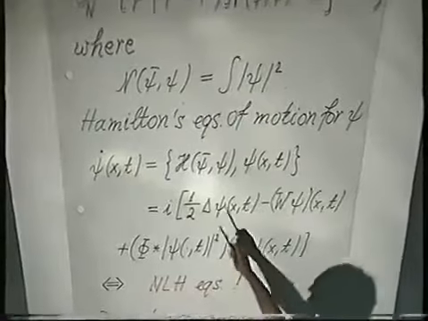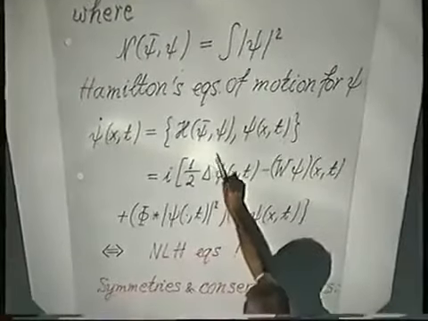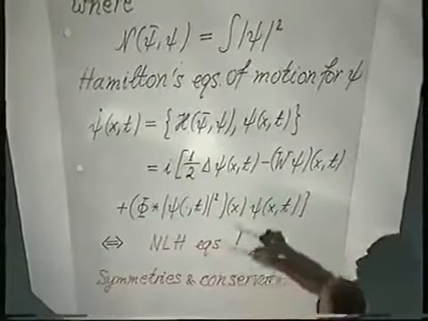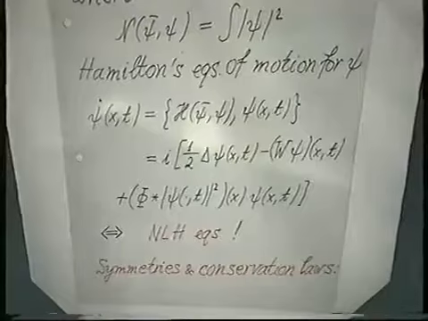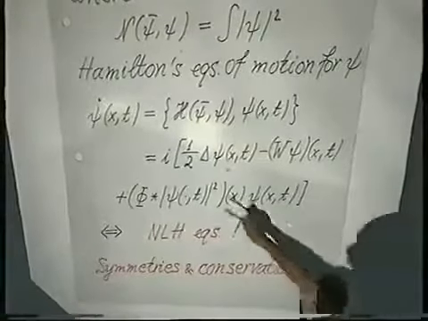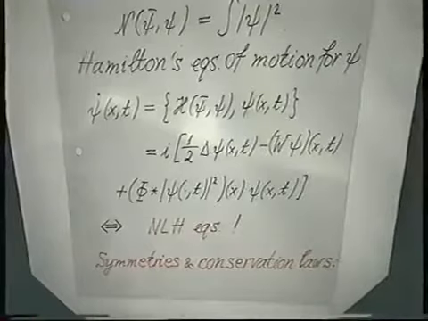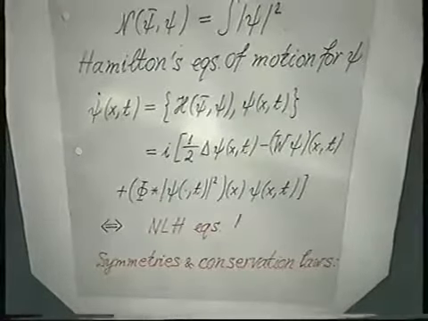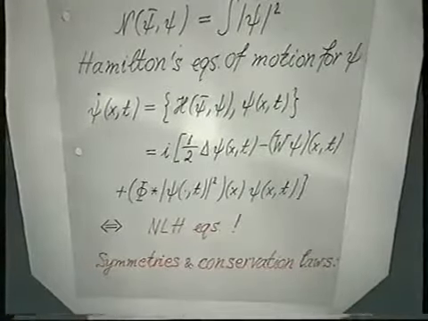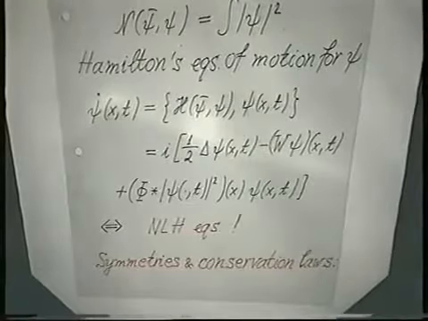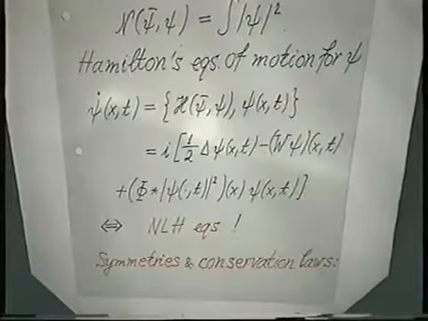So psi dot is the Poisson bracket of the Hamilton functional with psi, and I showed you what the Poisson brackets are here. So just by calculation, you find the right-hand side is given by what it is supposed to be if this system is supposed to be equivalent to the Hartree equation. So this works fine.